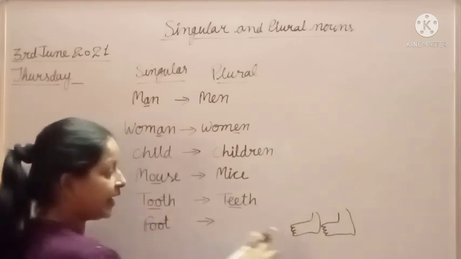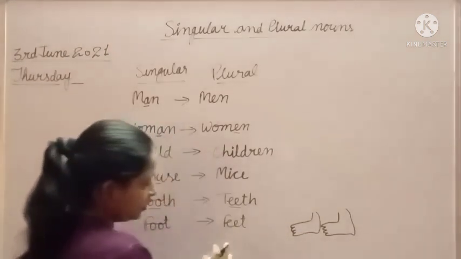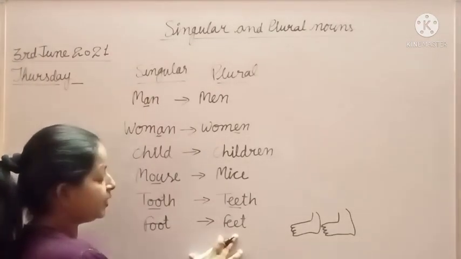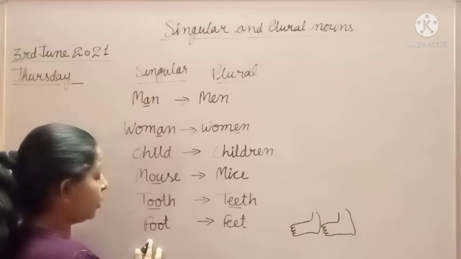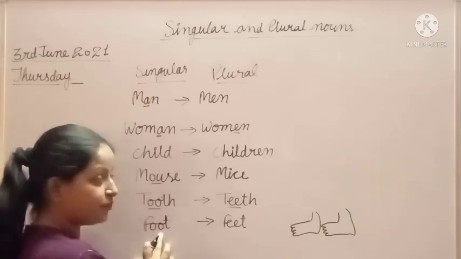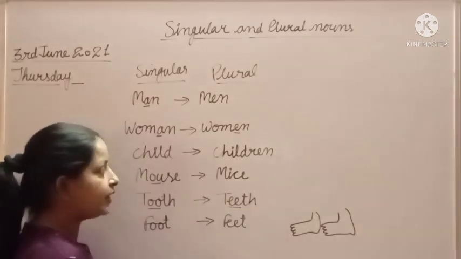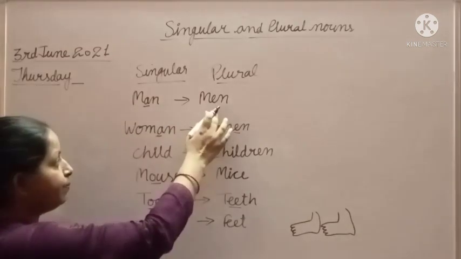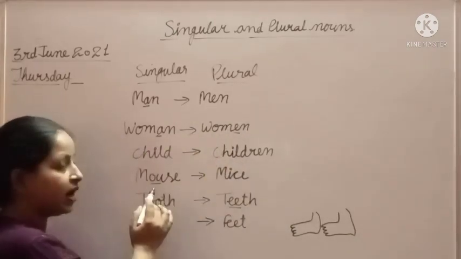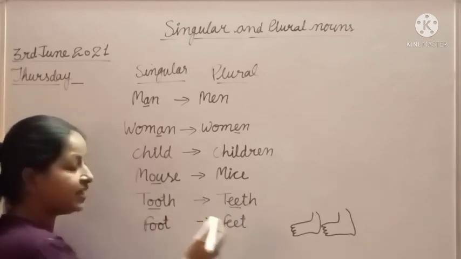Foot is only one, and feet is many. When we make the plural of foot, we change the vowels in between this noun. Food, feet, tooth, teeth. Man, men, woman, women, child, children, mouse, mice, tooth, teeth, foot, feet.